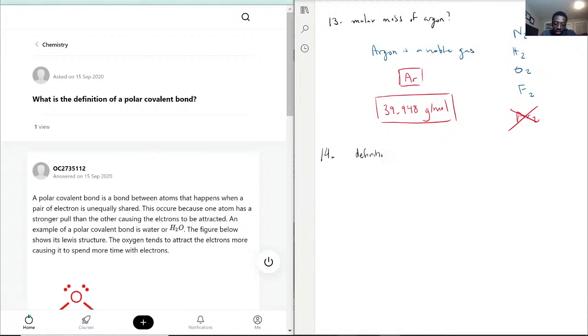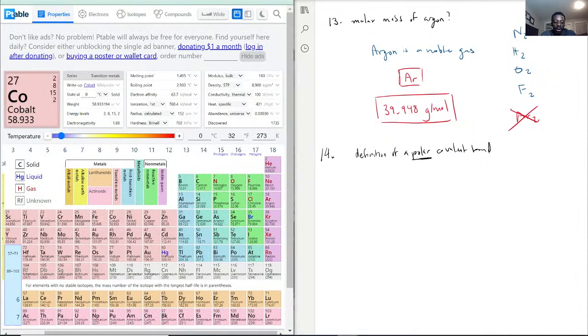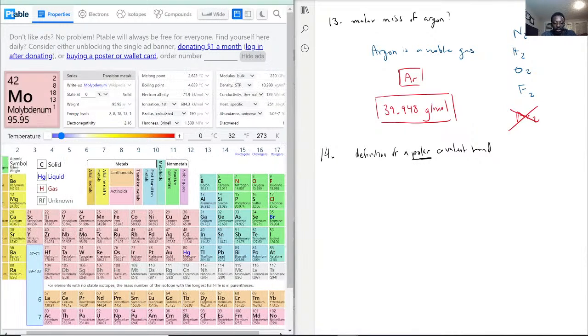Definition of a polar covalent bond. Now the way this works, it might be a little rusty because it's been a while since I did this, but there are different ways to break down what type of bond you have, and you find that out based on electronegativity.